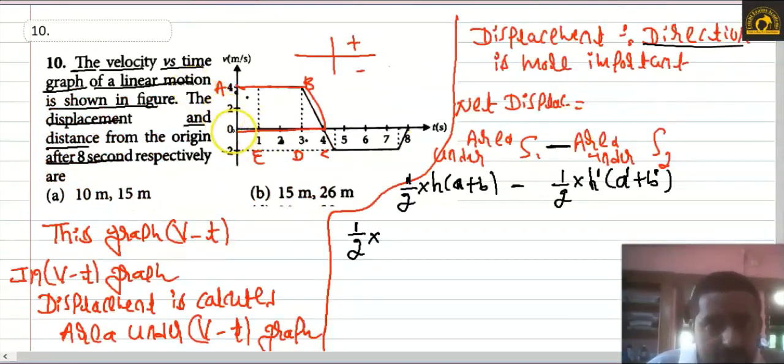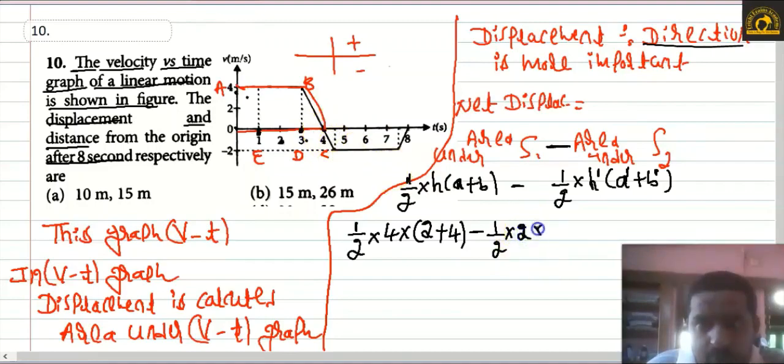The height is 0 to 4, so 4 is the height. 4 into (a plus b): 1 plus 2 is 2, plus b, 0. 4 minus 0, 4. Minus half into height. This height is 2, into a dash plus b dash.